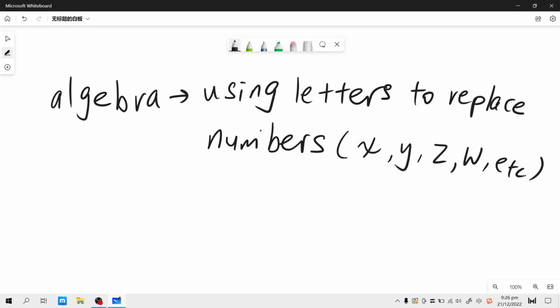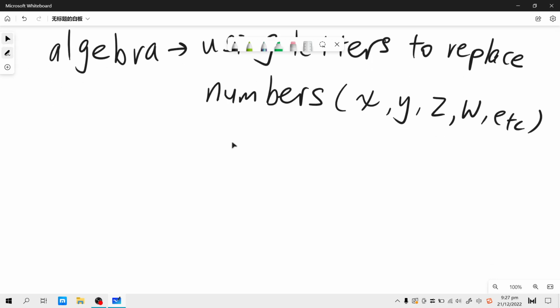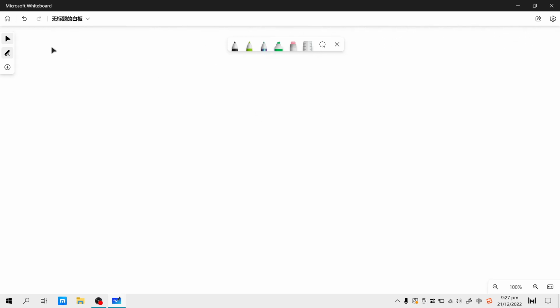So I'm going to show you some simple algebra equations you need to memorize because they are quite important. The first kind of equation I'm going to show you is the equations that include plus and minus.